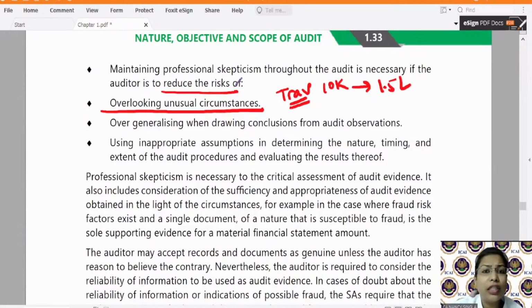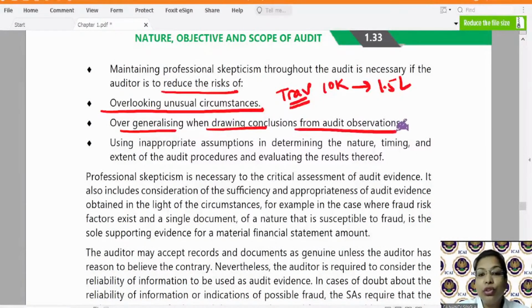If the auditor is not applying professional skepticism, he might just ask the management, give me all the documents, and he'll keep that in his file. But if he is applying professional skepticism, he will not overlook this unusual circumstance. He will go in detail and ask a number of questions. So the chances of overlooking unusual circumstances are reduced. Okay?